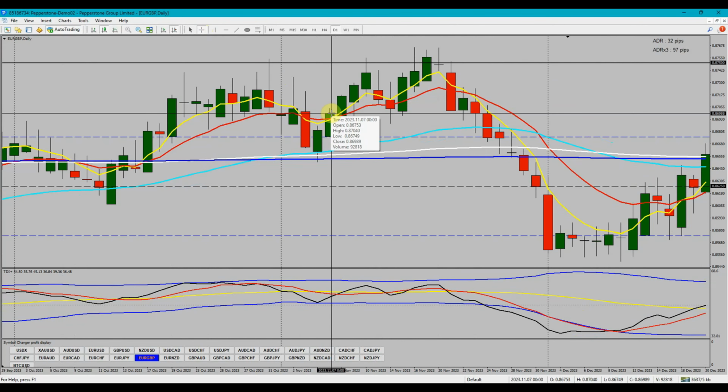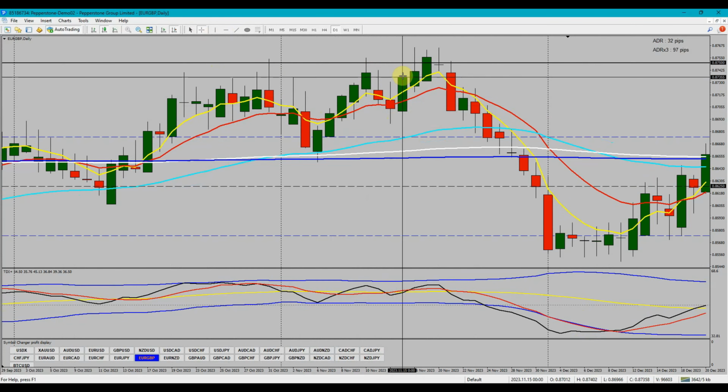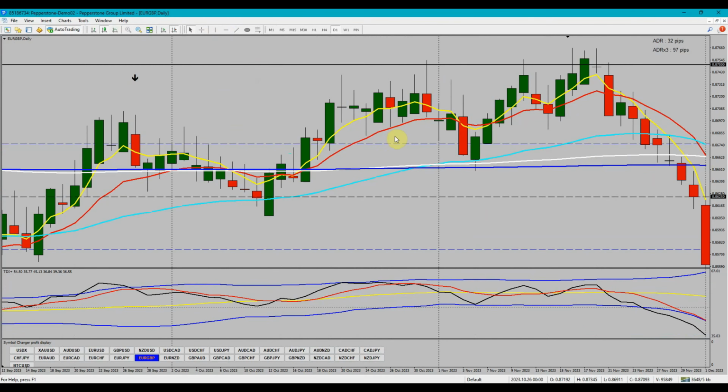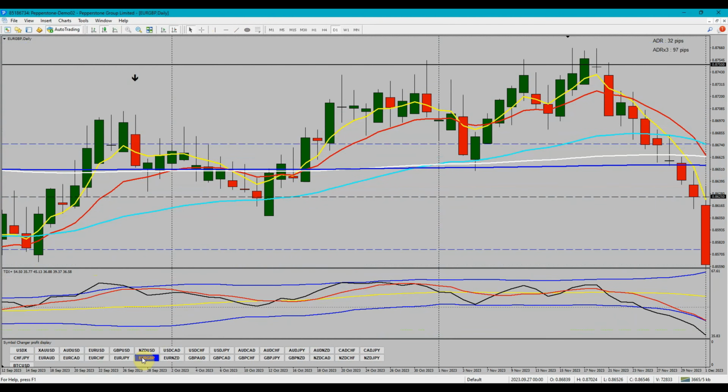When price crossed the 13 EMA here, we had 50 plus pips. Now this was a fake out, but when price crossed the EMA here, we had 30 plus pips. Like I said, this is a low volatile pair. Another pair like gold, once it crosses the 13 EMA, you're looking at over 1,000 pips to the upside. But we're looking at Euro GBP today.